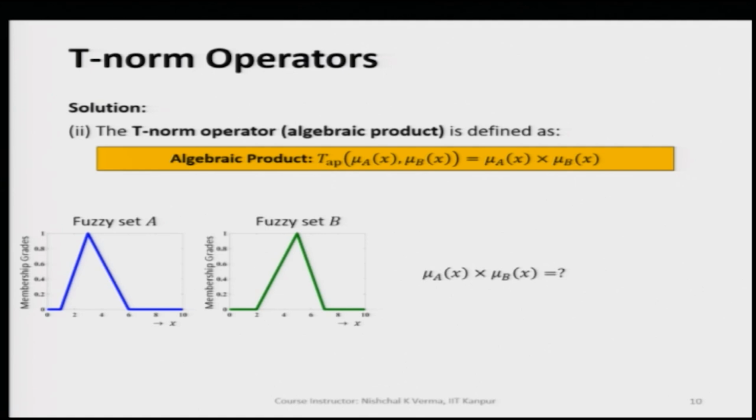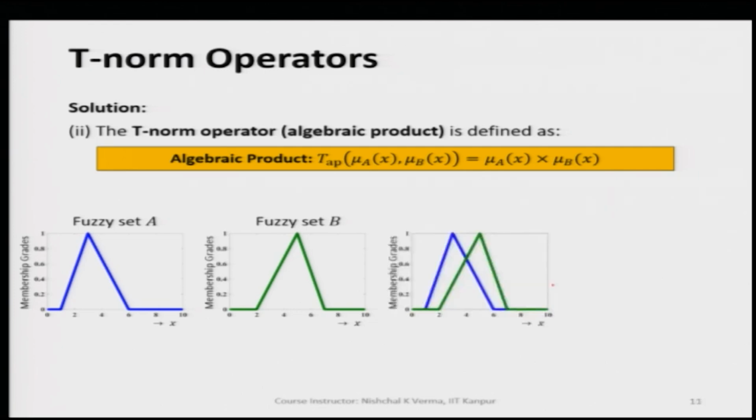We have just seen that we get the algebraic product as the T norm operator by multiplying every membership value of fuzzy set A and fuzzy set B. When we multiply, because A and B are continuous fuzzy sets, we get a continuous membership function.